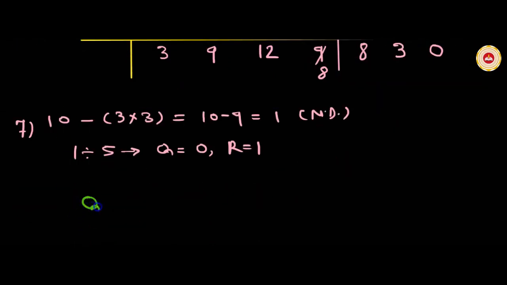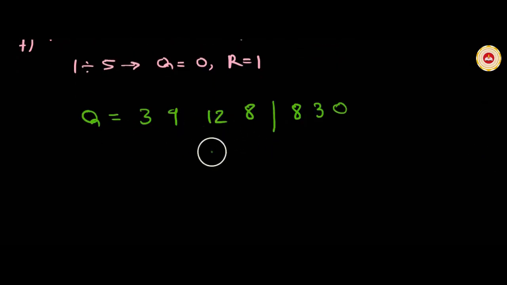Quotient is 3, 9, 12, 8. See, this is the decimal line, okay? And write decimal places 8, 3 and 0. But friends, if you observe, these are 4 parts and in the third part from the left side there are 2 digits.